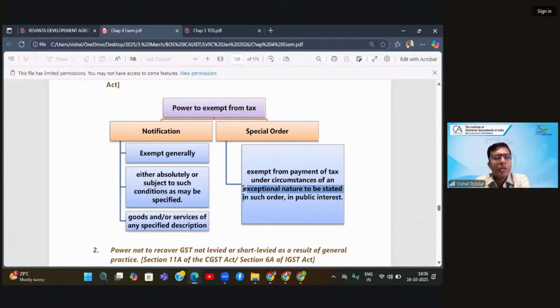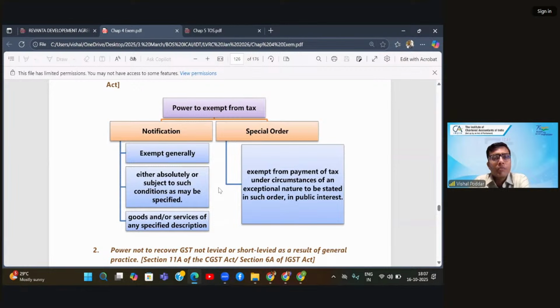So, exceptional means, one is where the exemption is generic, applicable to the public at large. Anybody can be eligible for that exemption if you fit into the conditions, definitions of the exemption entries. Those are on the left side, that is by way of notification.